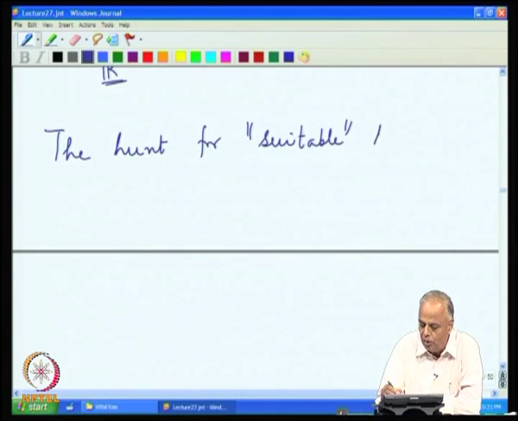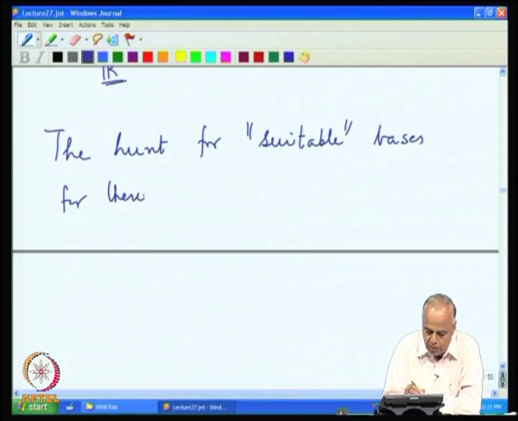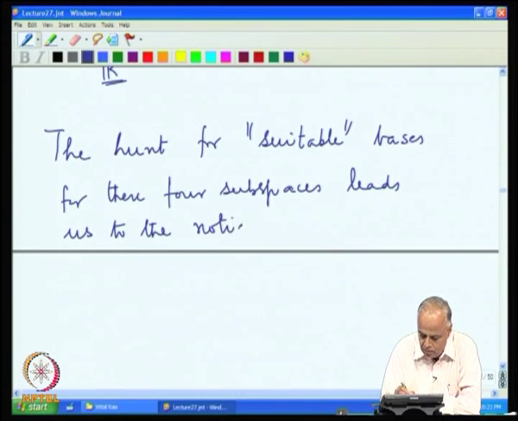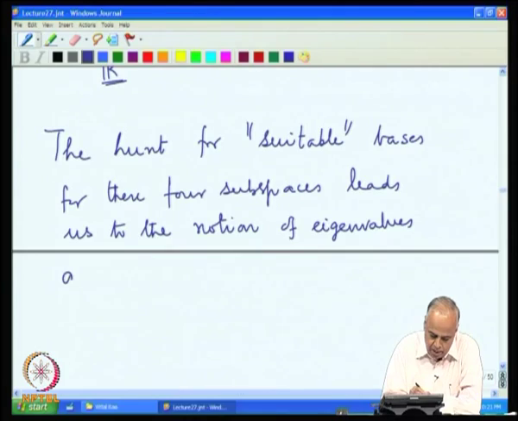So, the hunt for suitable bases for these 4 subspaces leads us to the notion of eigenvalues and eigenvectors.